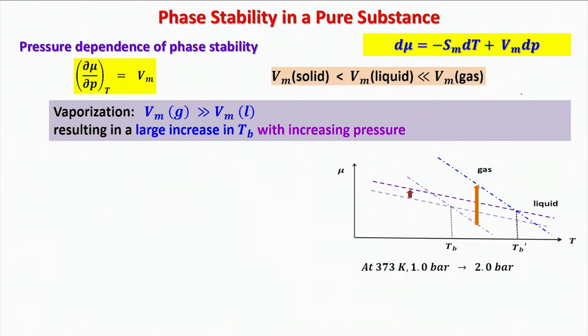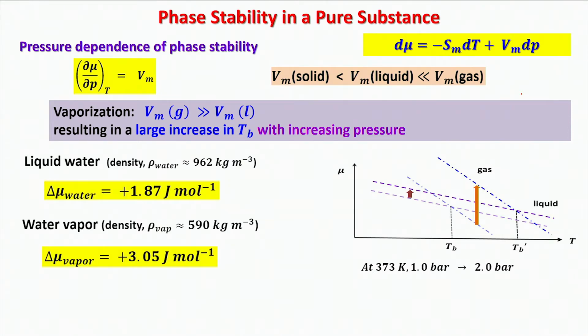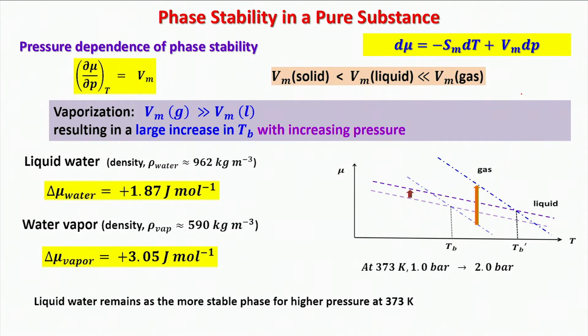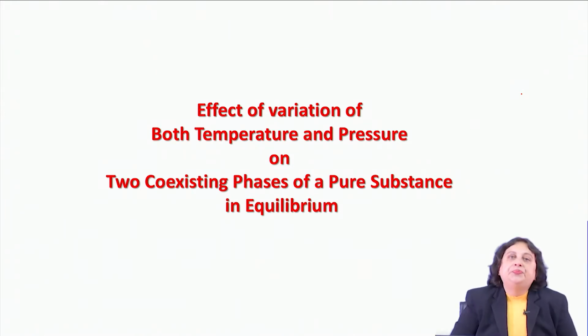We have also seen the variation of mu versus T for the liquid-gas phase coexistence, and we find that we can estimate the amount by which each of these mu versus T curves will shift at higher pressure, so that there will be a change in the boiling temperature as I go from the liquid to the gas phase, and it would be at a higher pressure that the liquid will boil.